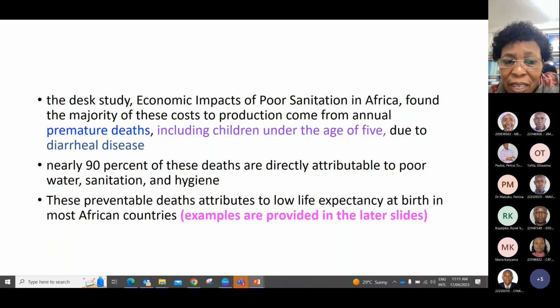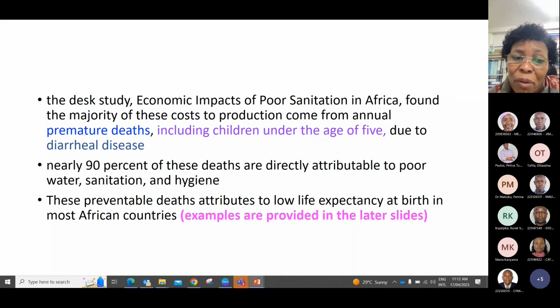Now, the desk study that I have mentioned in the slide found that the cost of production comes from annual premature death, including children under the age of 5 due to diarrheal disease.